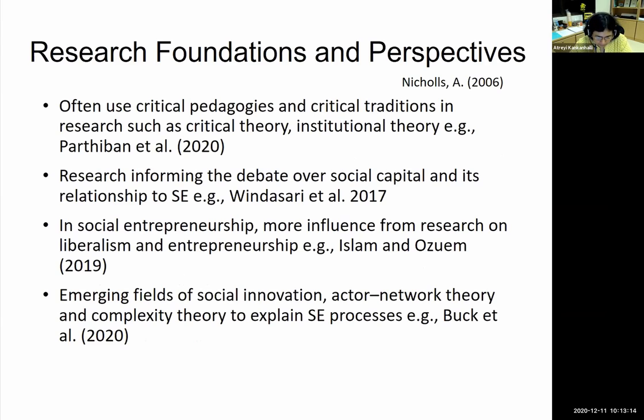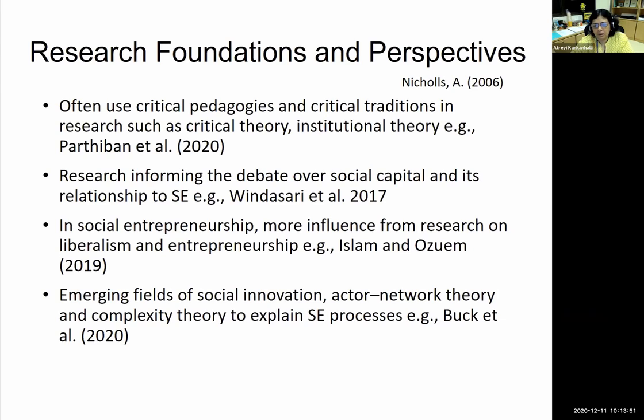So social enterprises have been studied from critical perspectives, using critical theory, institutional theory, looking at how institutional actors shape the behavior of these enterprises, right? Another set, and I've given examples of different studies using these different perspectives, has been looking at it from the viewpoint of social capital.